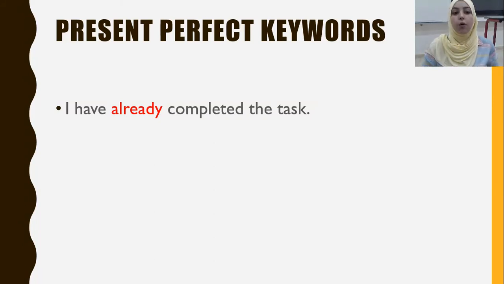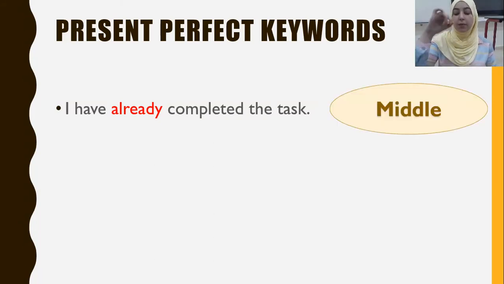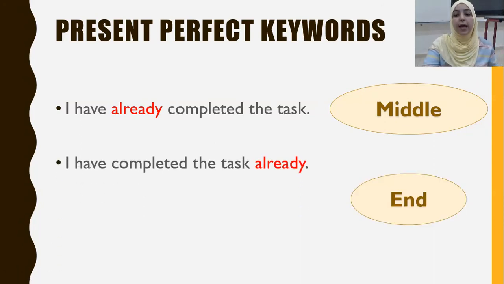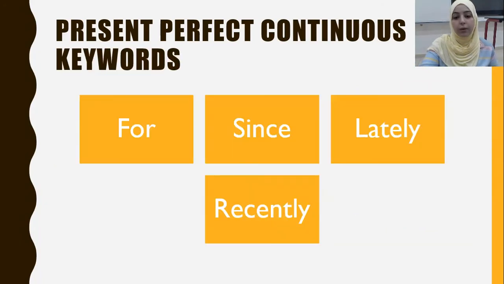So when I say that already comes in the middle, what I mean is that it comes between the helping verb have or has and the main verb. In this case, it is completed. So have, already, completed. Or I can use it at the end of a sentence, saying I have completed the task already.